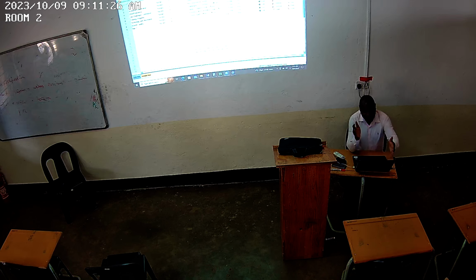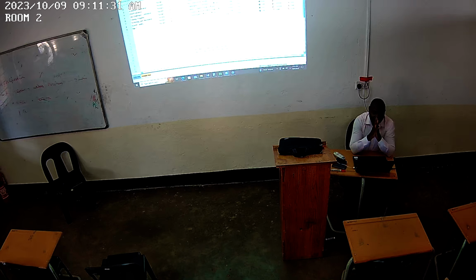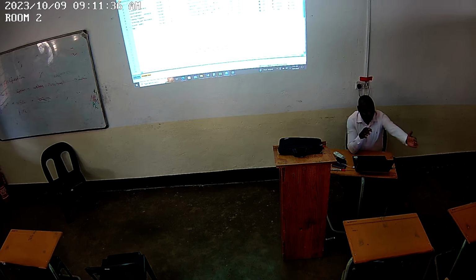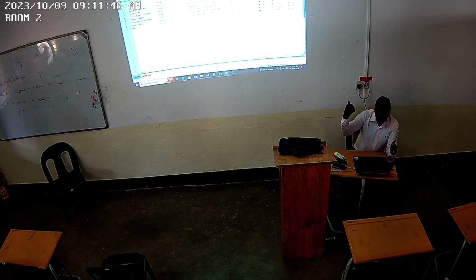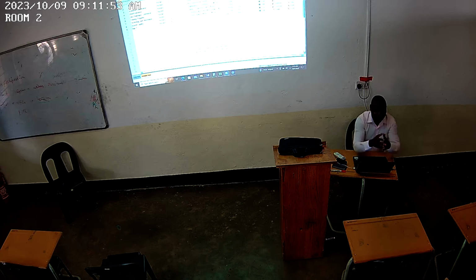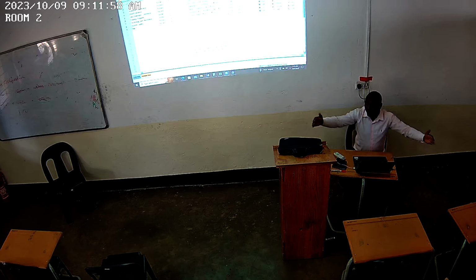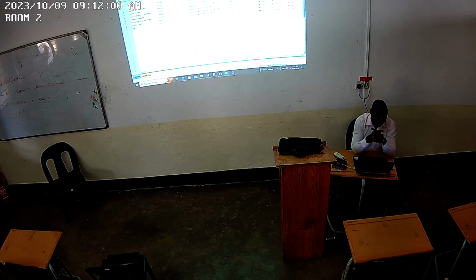For example, if we say 15 here is the mean, it means the distance between 15 and the rest of you is what measures of dispersion are. If the distance is smaller, then the number for standard deviation or range is going to be small. If the number is bigger, it means you are very far away from the mean, from 15.